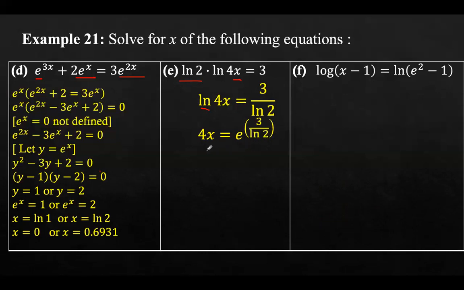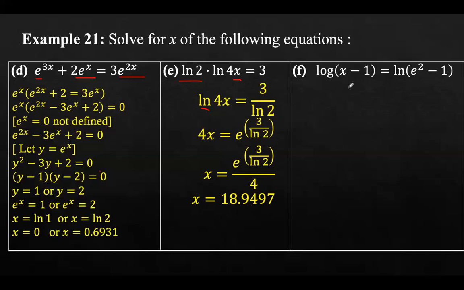But x is not yet found, so x equals e^(3/ln 2) over 4. You use your calculator; the e in your calculator is a small red e. You should get x equal to 18.9497.